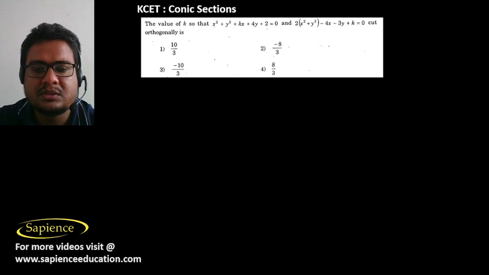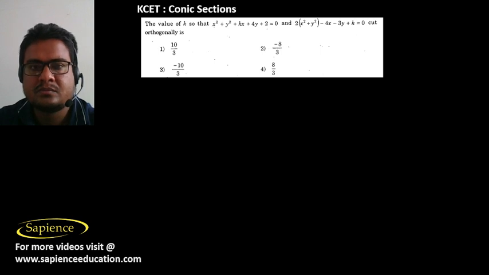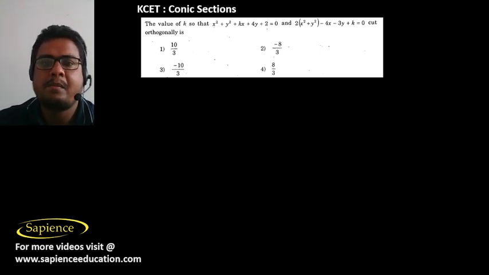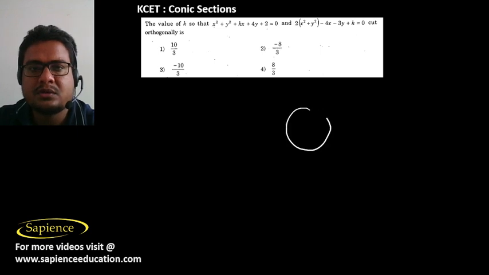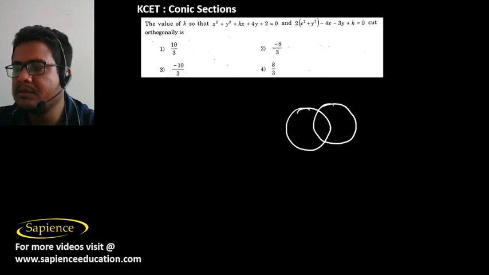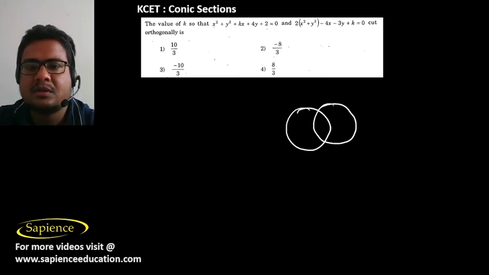So when two circles cut each other orthogonally, then r1 square plus r2 square will be equal to the square of the distance between their centers.